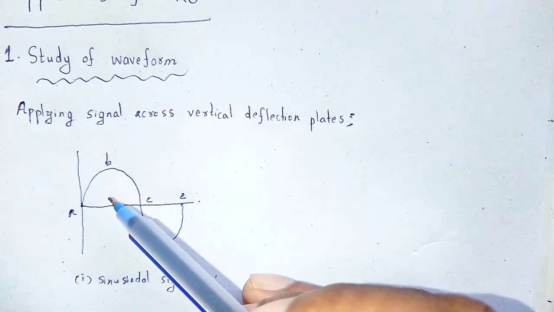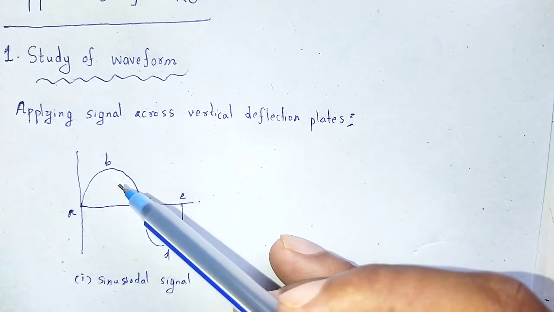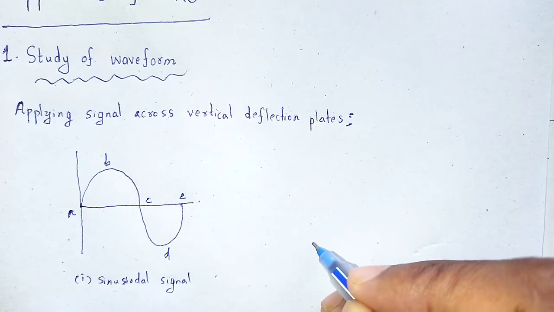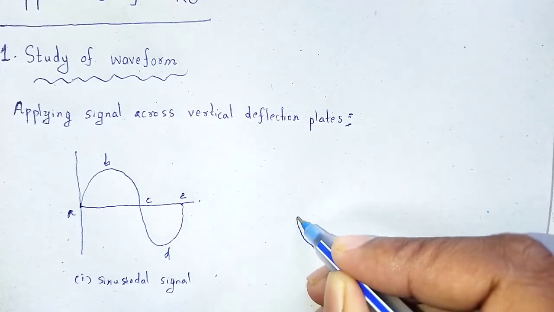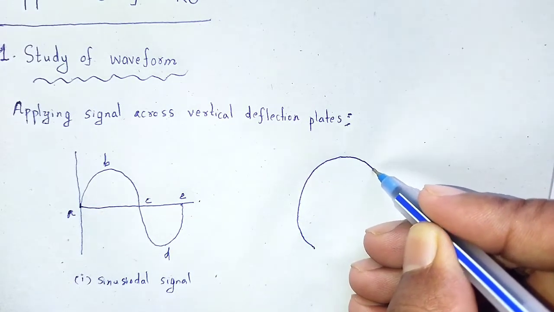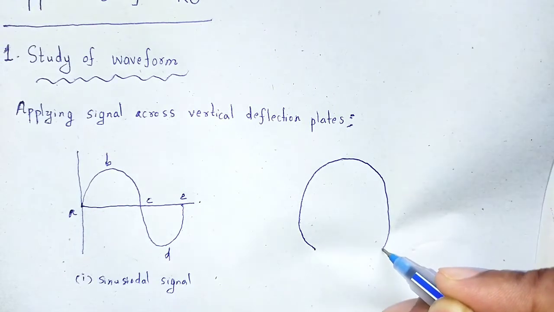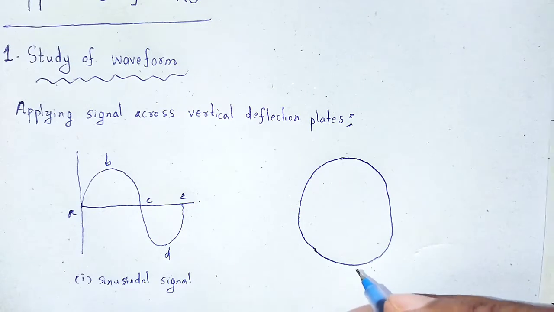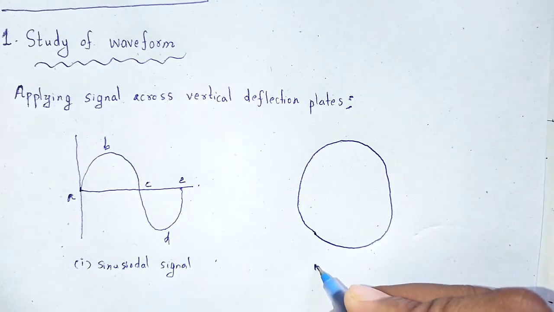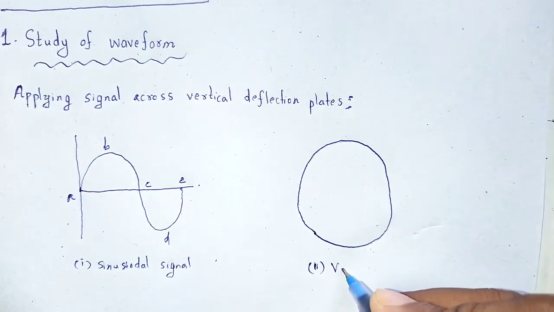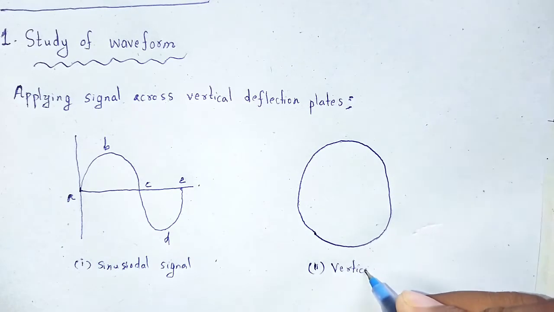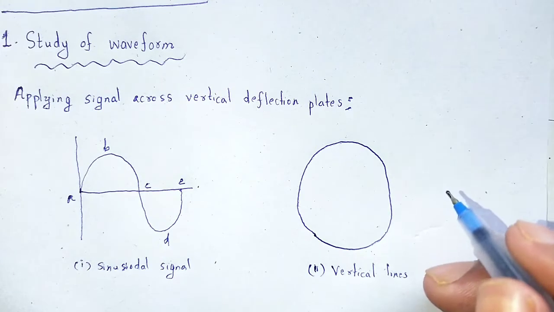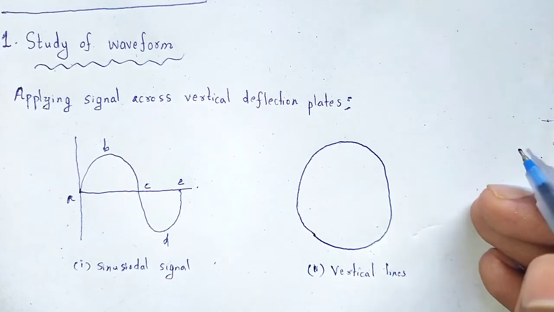Accordingly, the spot moves off from a particular position. That position we show in vertical lines, from the vertical plates.